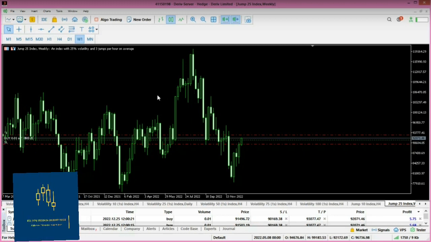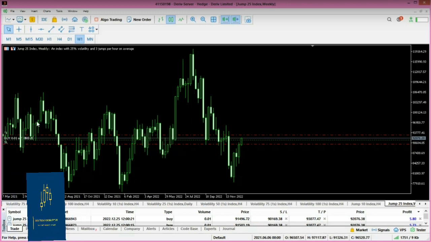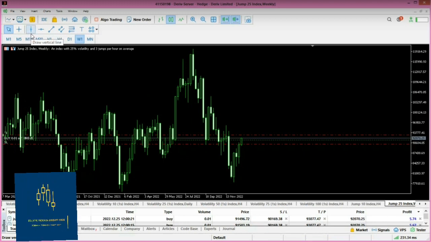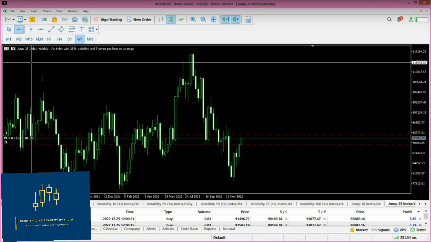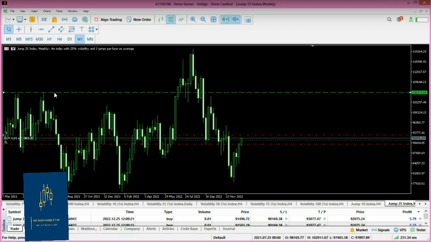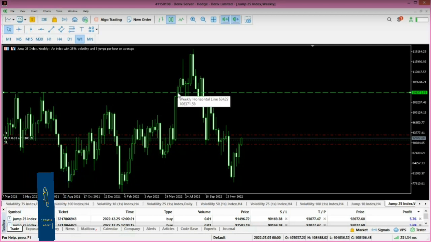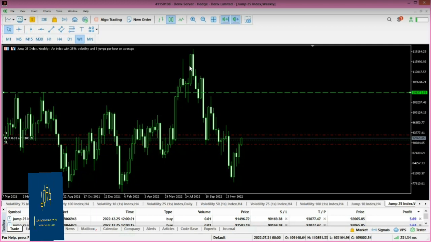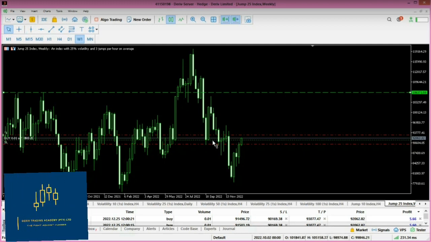If you're looking at the whole structure, you can see that Jump 25 has been ranging for quite some time, even though at some point it once tried to break that level, but it was not that easy, because it turned back again and stayed within the range.